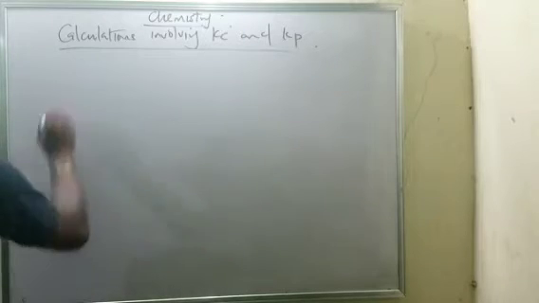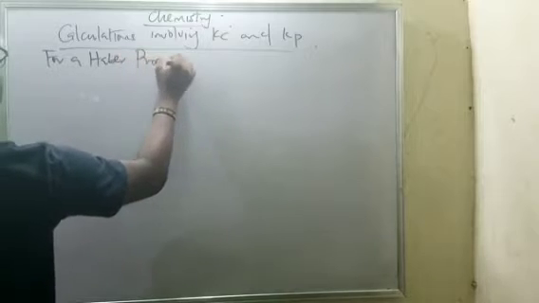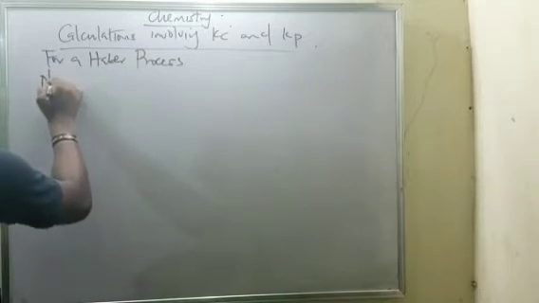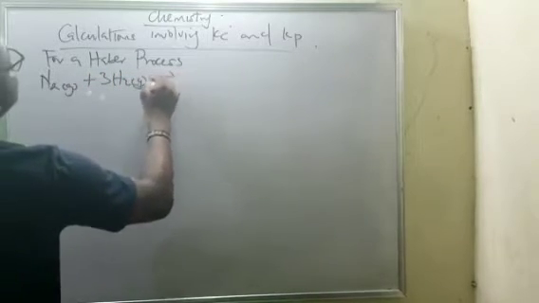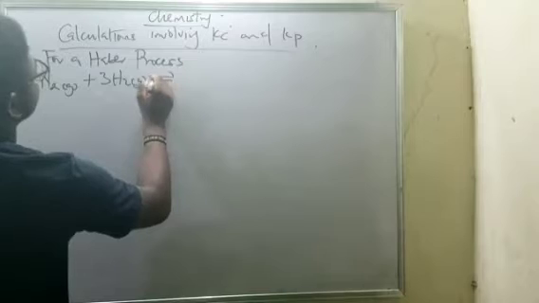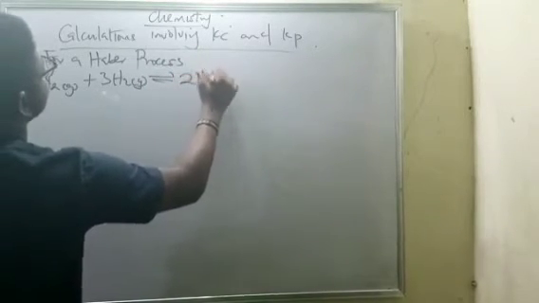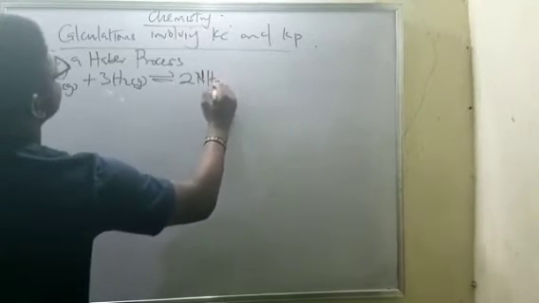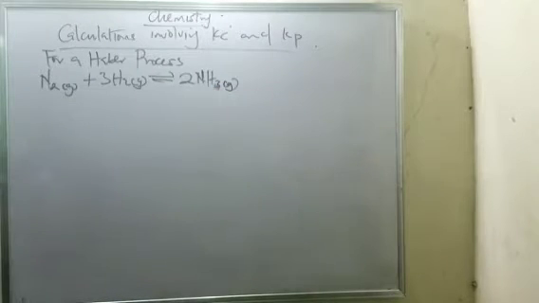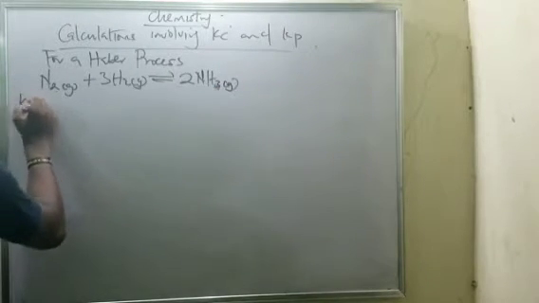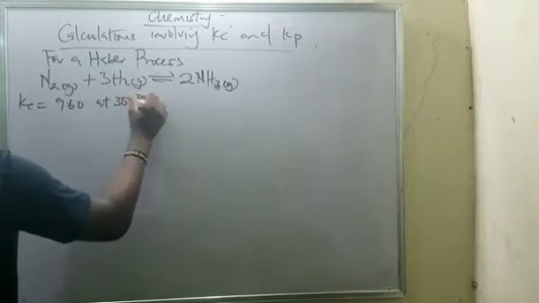So let's say we have, for a Haber process, the equation: nitrogen gas with 3 moles of hydrogen gas to give us 2 moles of ammonia gas, and we're given our Kc to be 9.60 at 300 degrees Celsius.